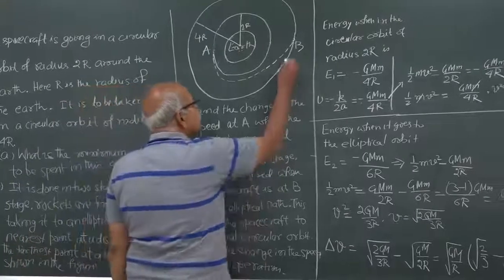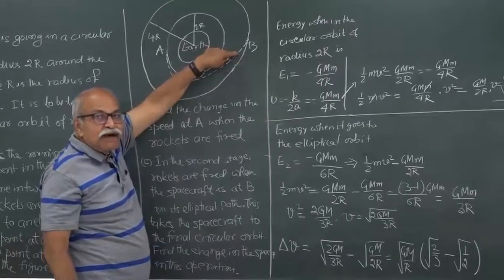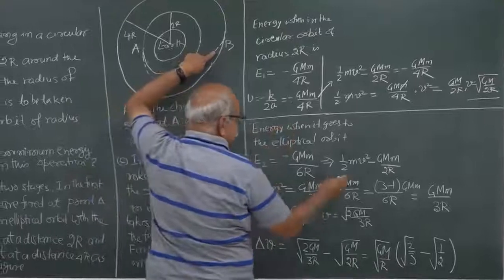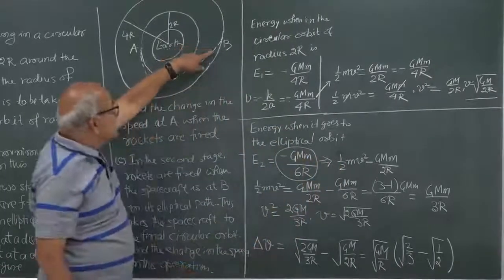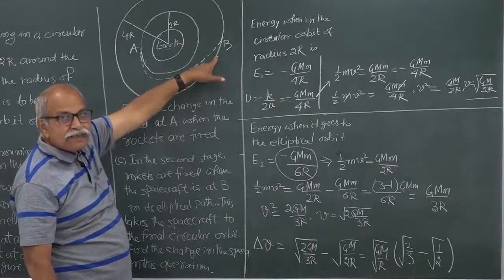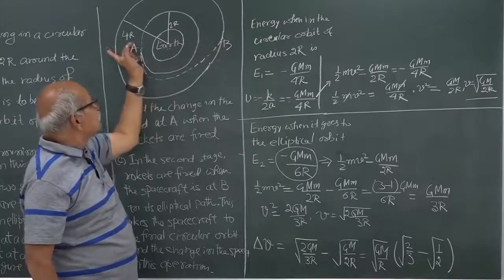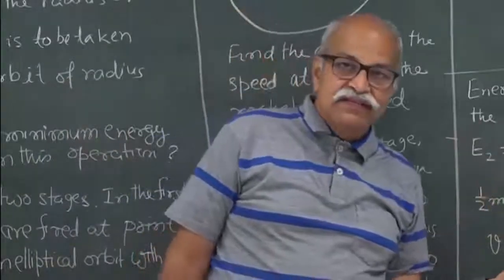You know the total energy when it was in the elliptical orbit before firing the rockets, and when it goes to the circular orbit, what is the energy now? You know that the radius is 4r, so it will be minus k by 2a, you can use that and you get the change in the speed.